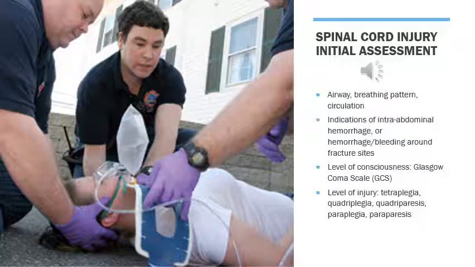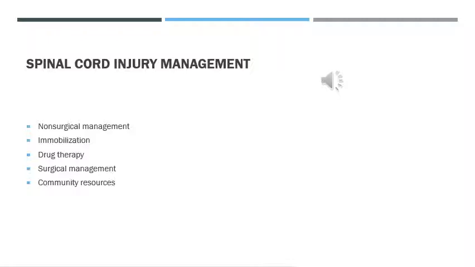Paraplegia is the lower extremities being paralyzed. Paraparesis is weakness in the lower extremities. Spinal cord injury management involves maintaining an airway and cardiovascular system, the ABCs. There's a high risk of respiratory compromise if the cervical spine nerves are involved that control the diaphragm.